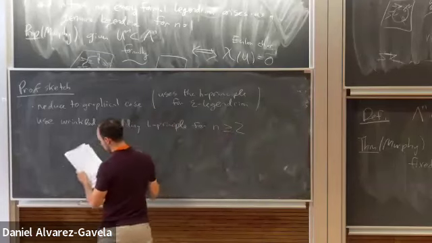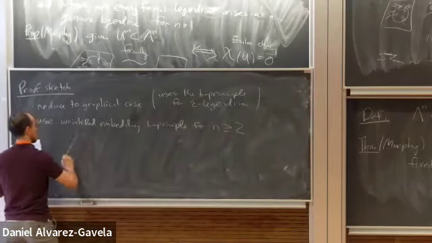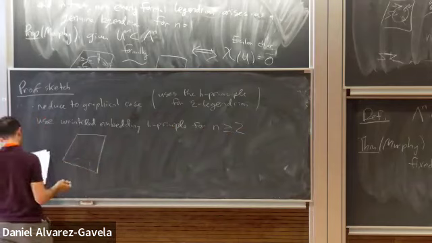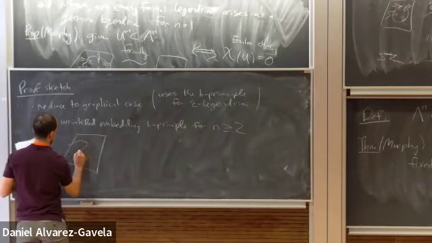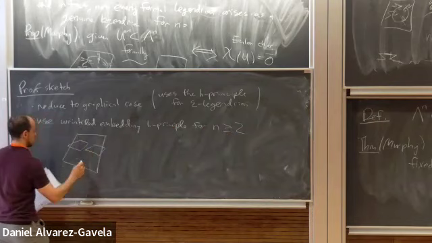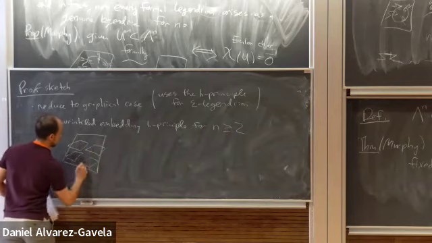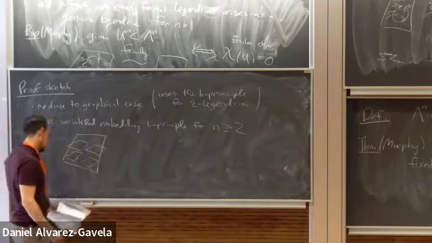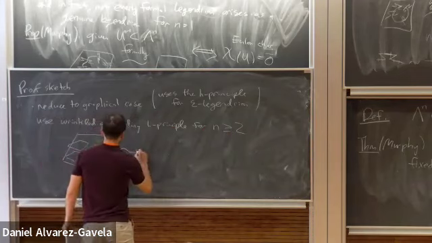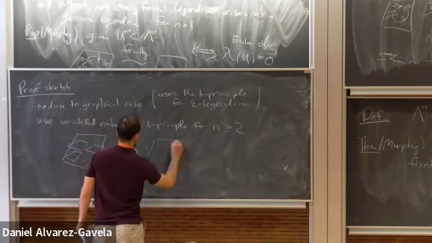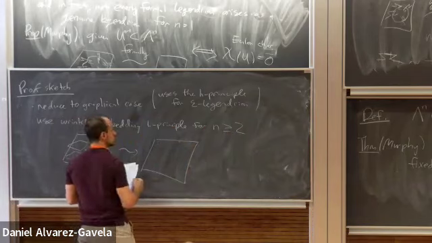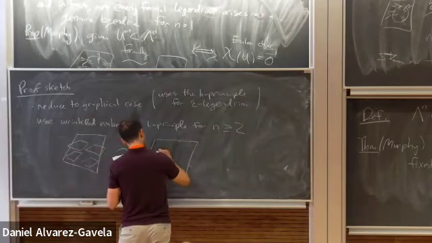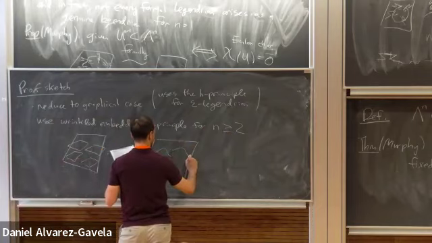I'm going to draw the picture for the n equals 2 case. So you have this high mountain, you want to go up, but you want to keep your slope close to 0. And so you apply this wrinkled embedding h-principle, and you get these wrinkles that I drew in the very beginning.